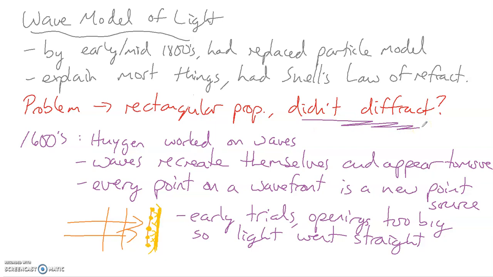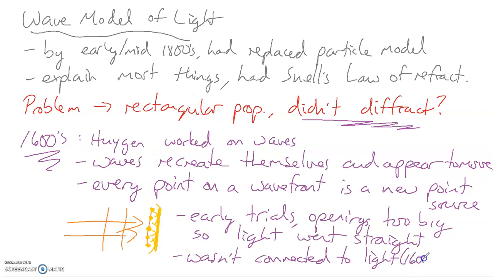And the thing is, when Huygens actually proposed this idea in the 1600s, it wasn't connected to light. Back then, in the 1600s, light was thought to be a particle, so there was no reason to connect this to light theory.